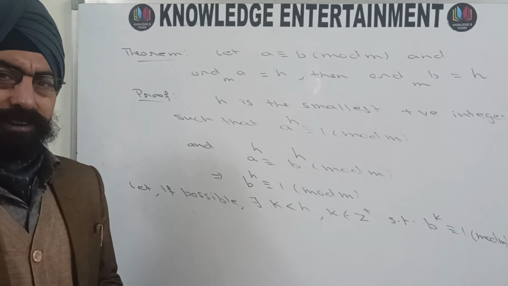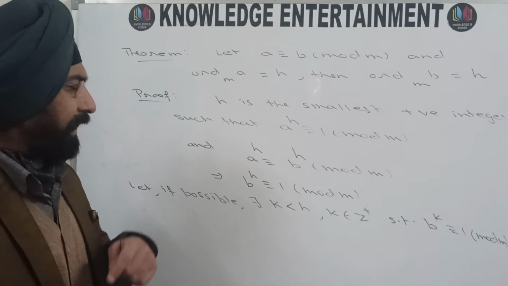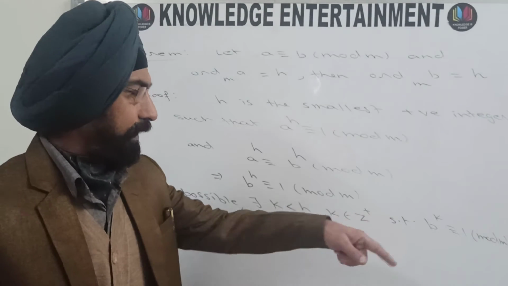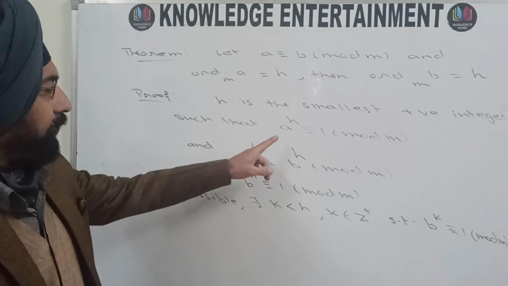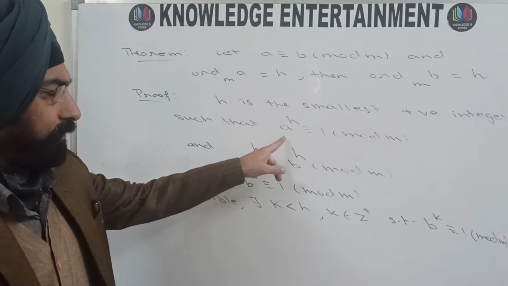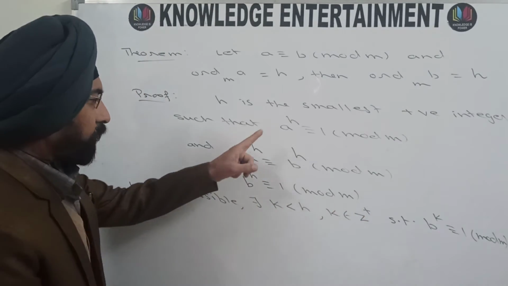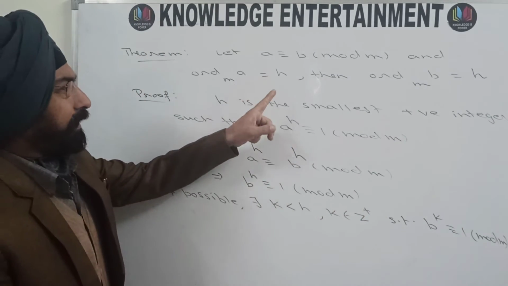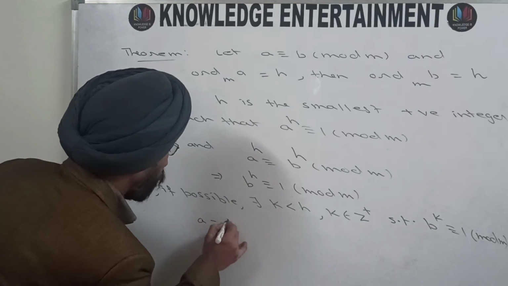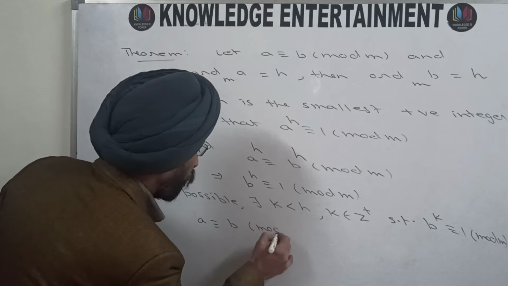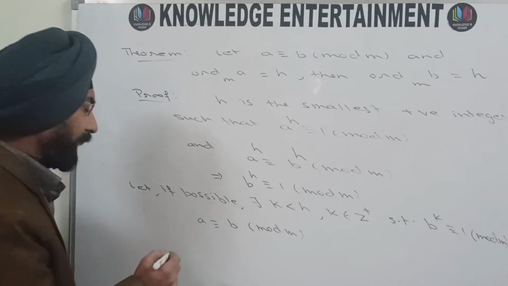Suppose it is. Now once again we have to use this relation. Once again move on to this given that a is congruent to b modulo m, and once again raise both sides to the power k.